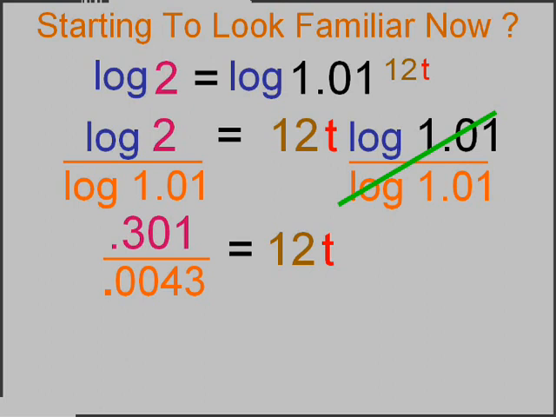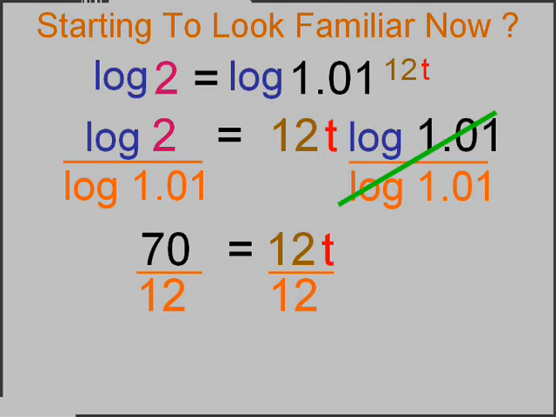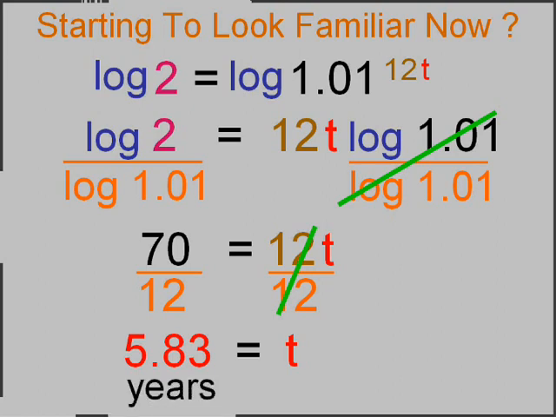Now all I have to do is figure out what that number is, and then divide both sides by 12. And 70 divided by 12 is 5.83. Now the question asked how long, so the answer is 5.83 years.